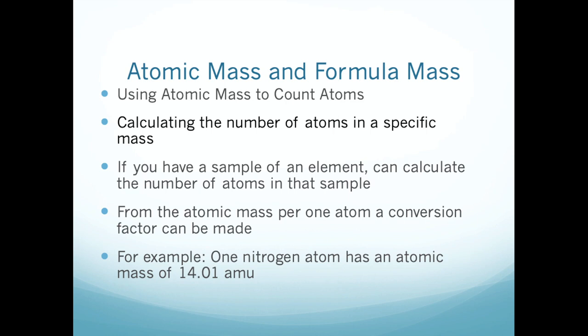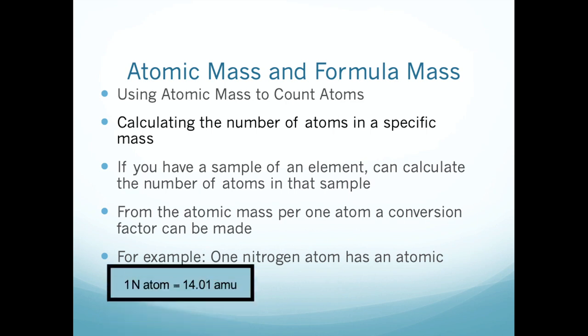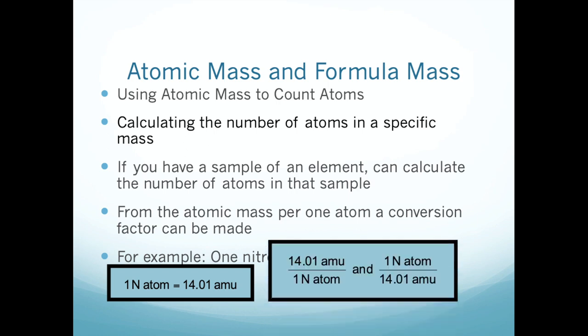So for example, if you look up nitrogen in your periodic table, near the top right, you look for element N, and you'll see that the average mass of it is about 14.01 atomic mass units. Well, what does that mean? That means that one nitrogen atom is equivalent to 14.01 atomic mass units, and that means we can write out two conversion factors.